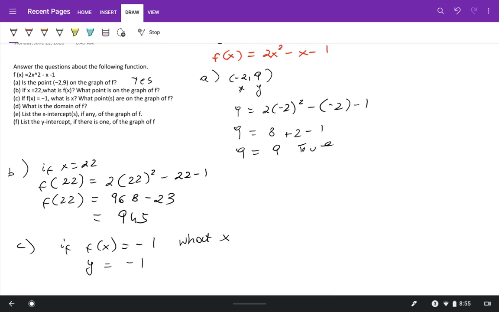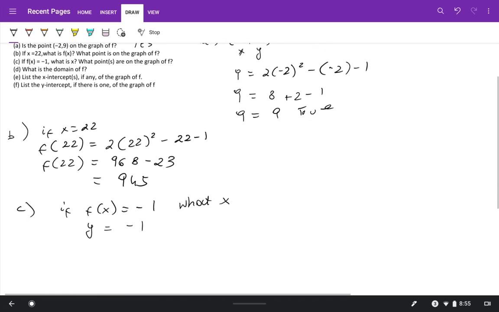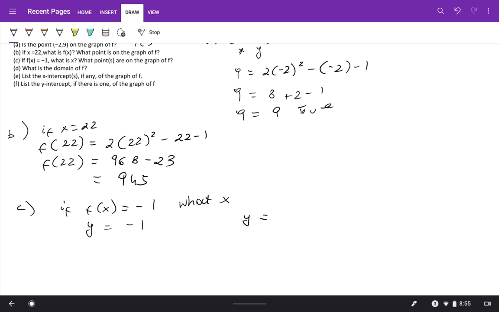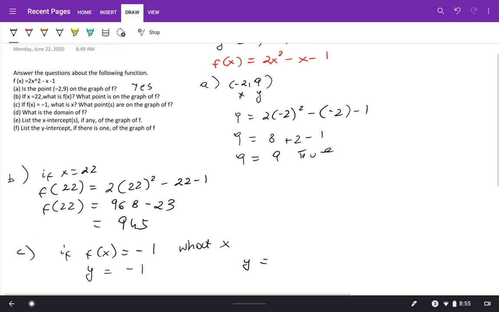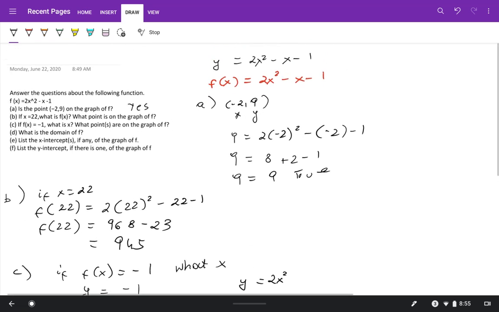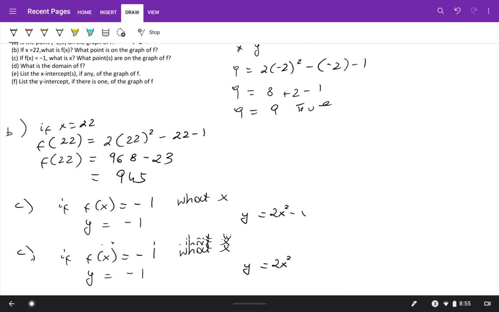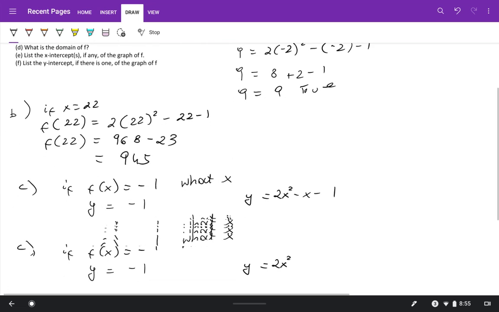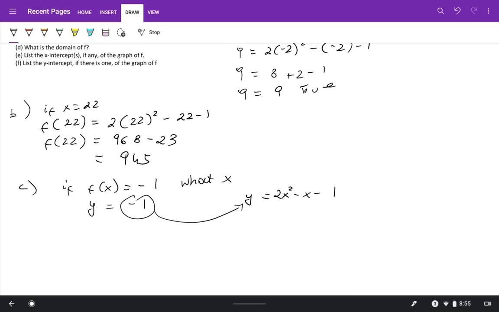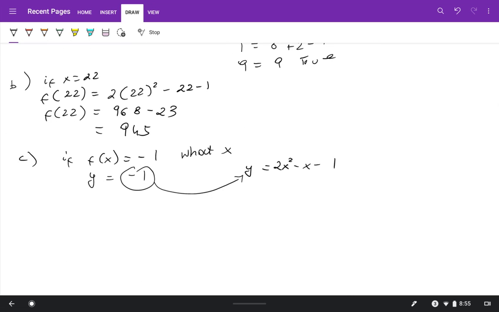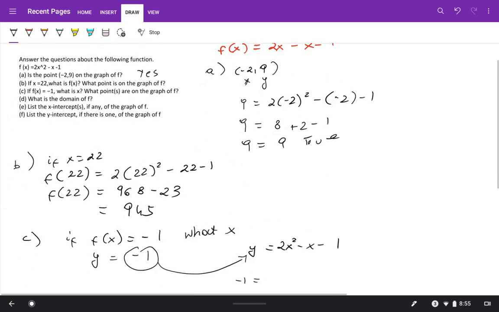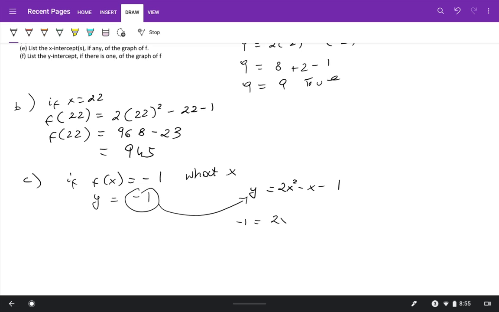So you're going to take the equation of the function, which is y equals 2x squared minus x minus 1, and we're going to replace y with negative 1 and solve that equation for x. So we have negative 1 equals 2x squared minus x minus 1.